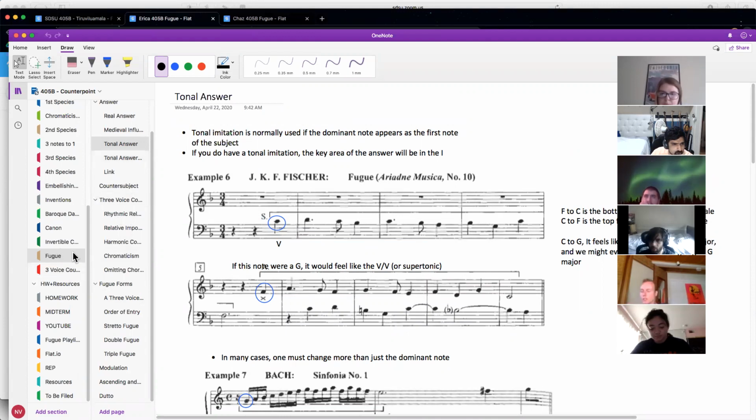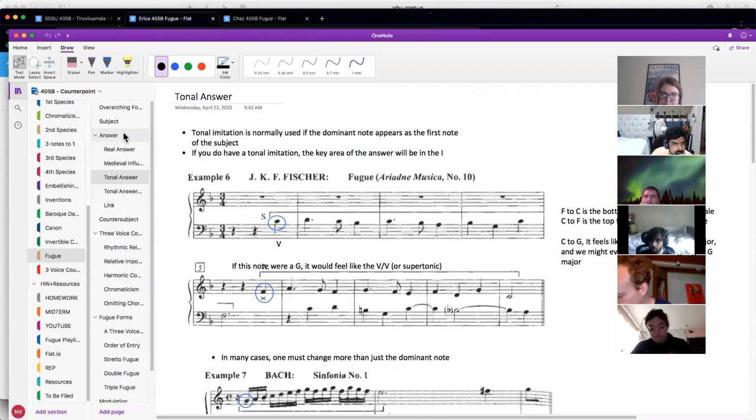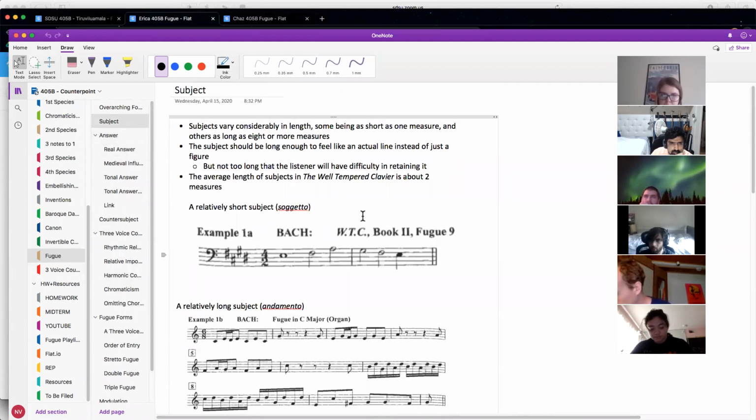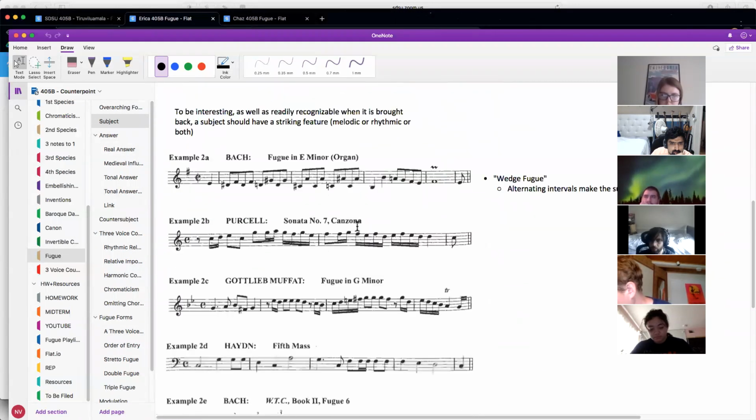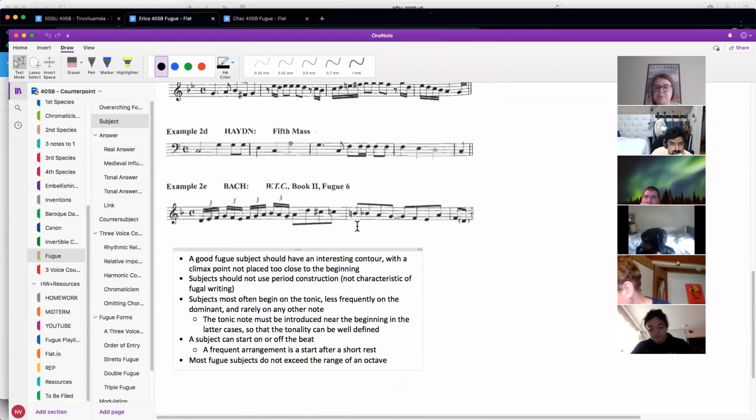That's probably where you read it. The subject. Well, I guess it's saying with a climax point placed not too close to the beginning. So I guess having it near the end is okay.